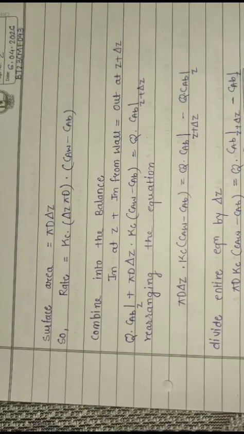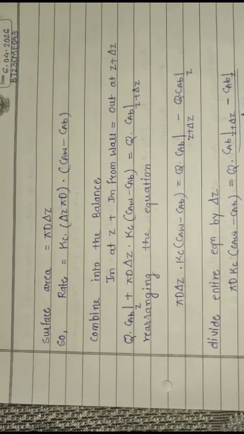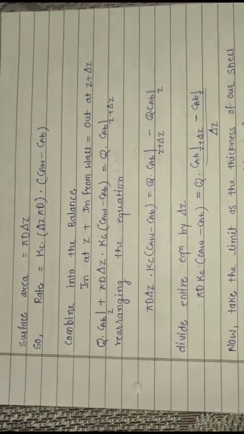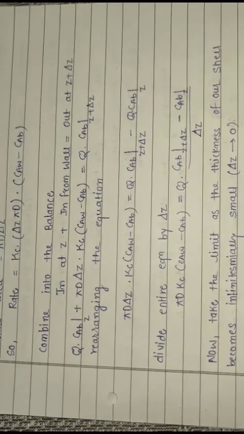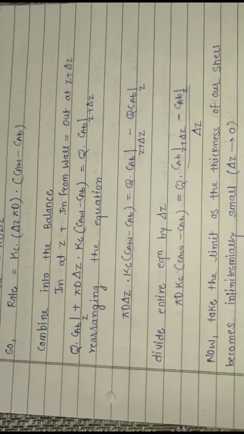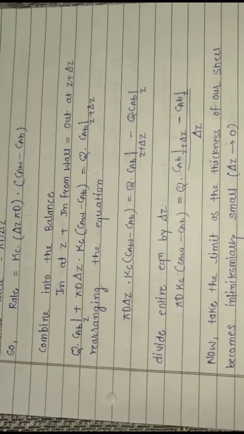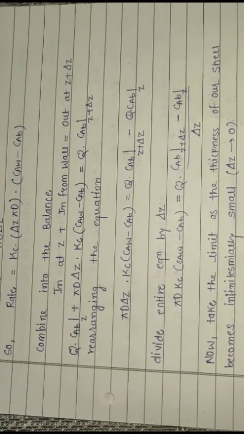After combining it into the balance equation, we will get the equation, that is rate at z plus rate from the wall equals rate at z plus delta z.